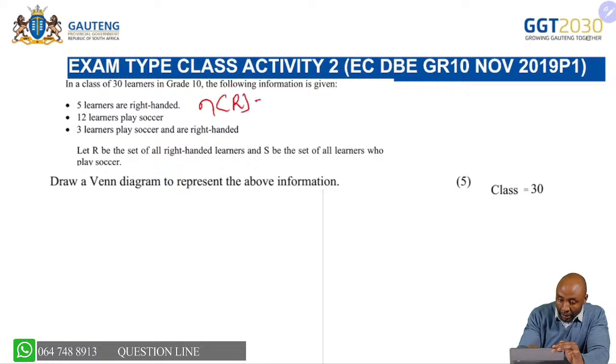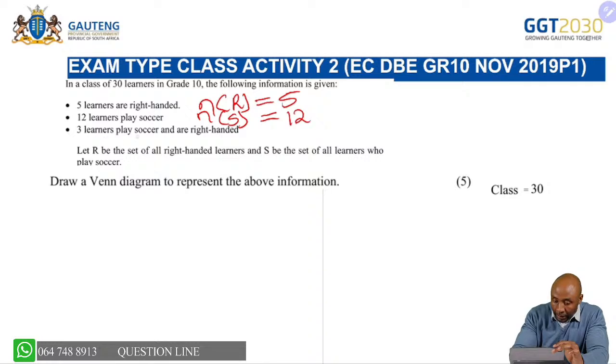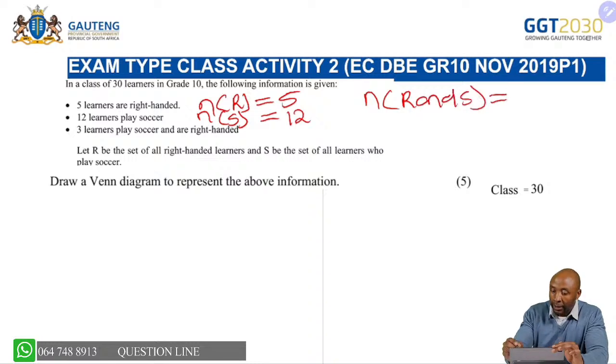So number that are right-handed, it's 5. Number that plays soccer, n(S), is going to be 12. And then number of learners who are R and S, it's going to be 3.